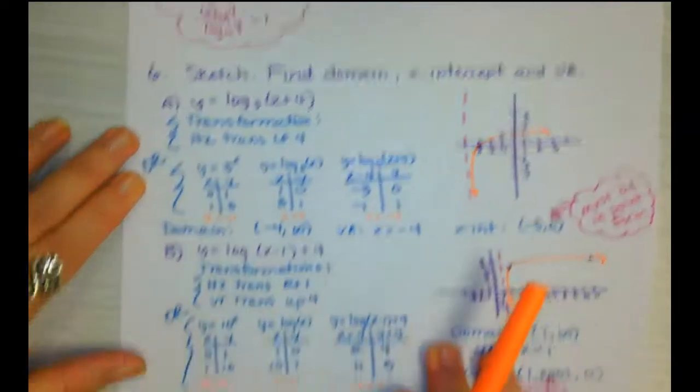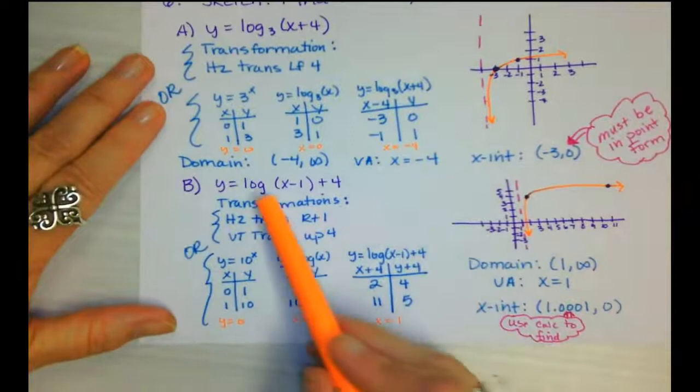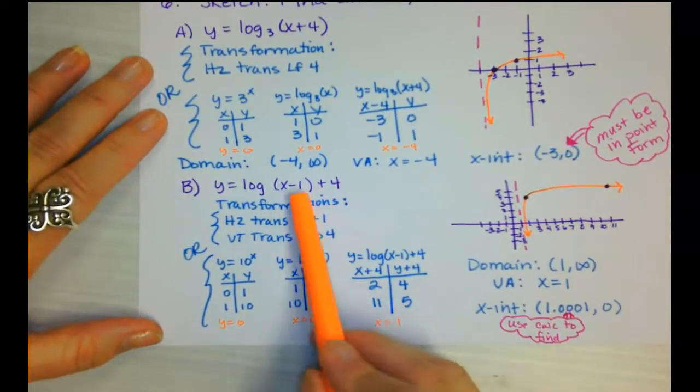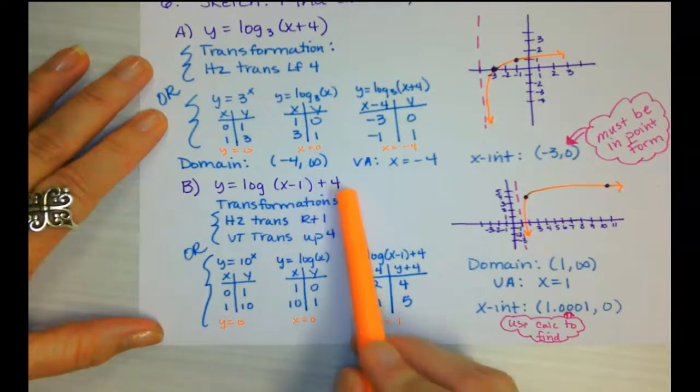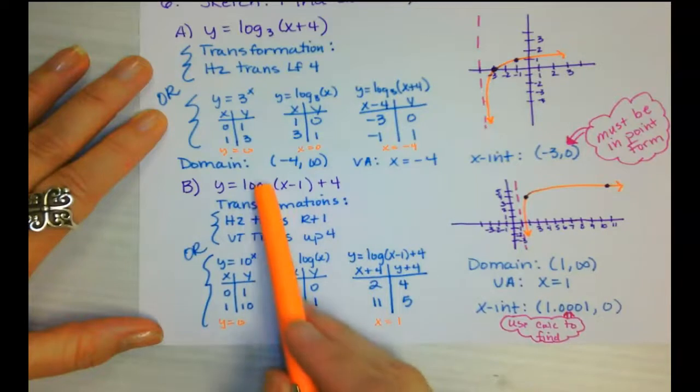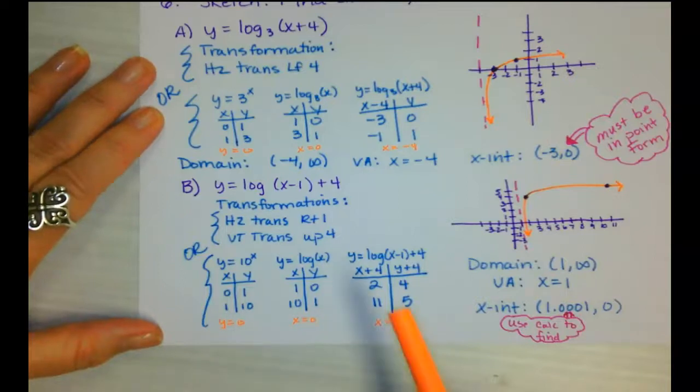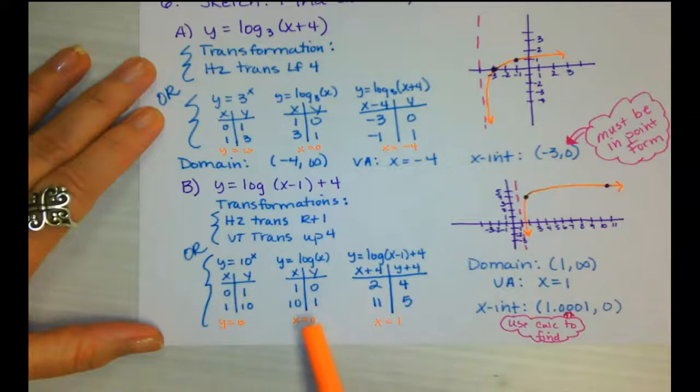Okay? On B, so this is log of x minus 1 plus 4. The transformations are it shifts to the right 1 and vertically shifts up 4. So those are my transformations. It's base 10, so I use 10 to the x here and get my table with the horizontal asymptote at 0. So then I do the inverse, switch the domain and range for log base 10, and switch to a vertical asymptote at 0.